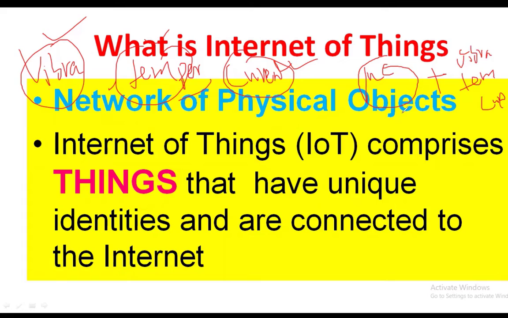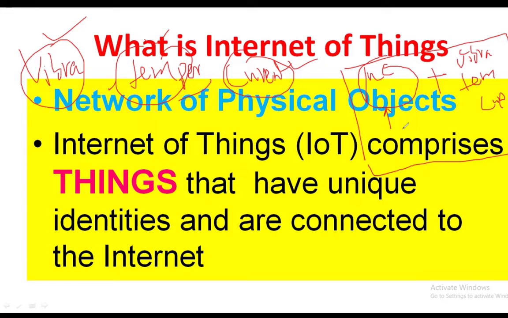Once you do the interfacing, the next step is to add connectivity, because we want to connect this entire device to the internet to send vibration, temperature, and current data to the cloud. In our case, we are using AWS cloud. To send data from the microcontroller to AWS cloud, there must be some connectivity, which you can provide using communication technologies.